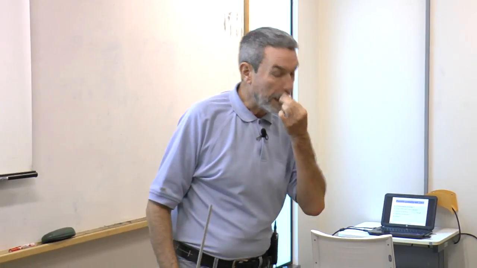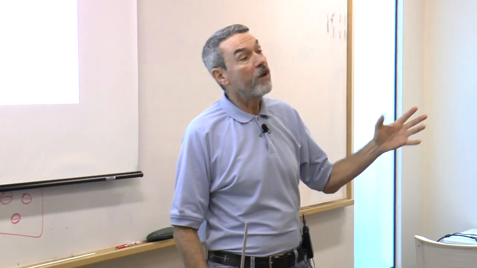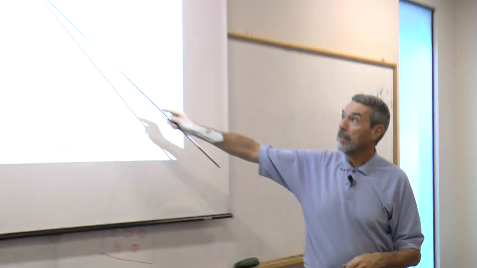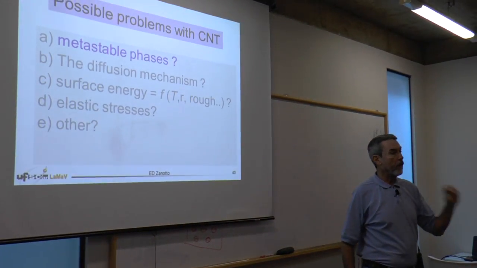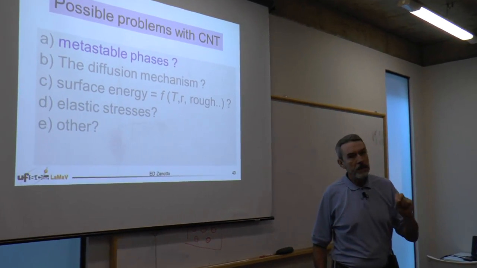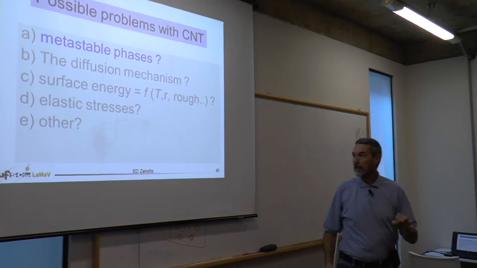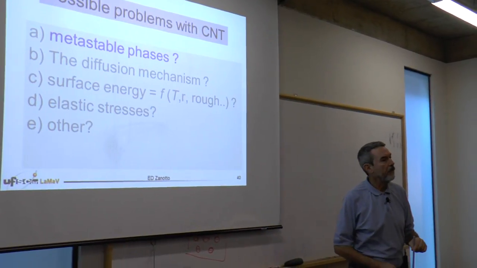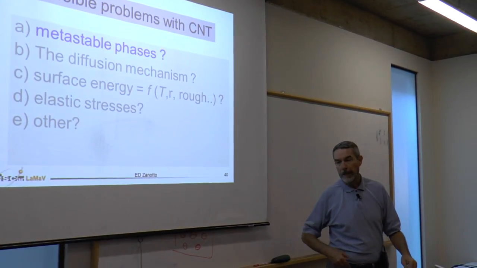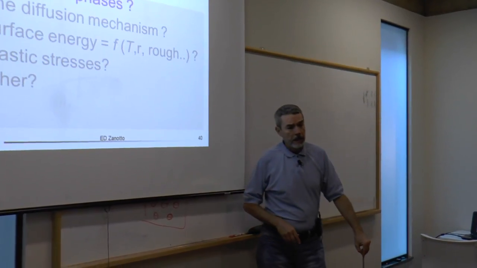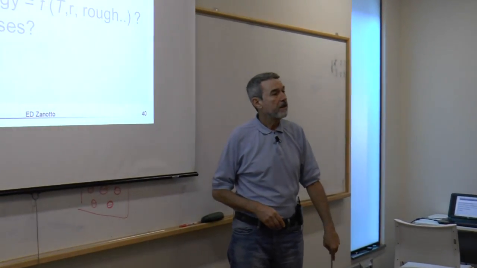Equilibrium conditions take time to take over, so maybe non-equilibrium metastable phases form. Then the diffusion mechanism, if you recall, we do not know what is the exact diffusion mechanism controlling nucleation.